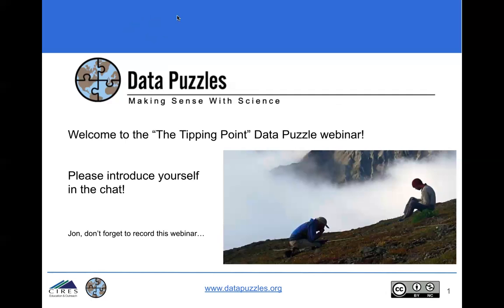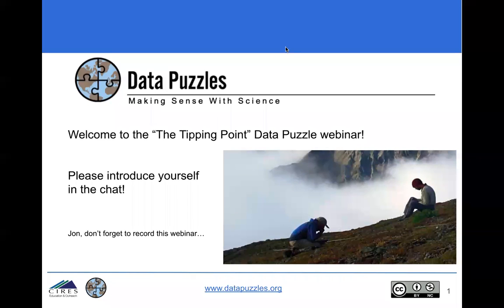So what I wanted to just start with is, what is a data puzzle? This is a framework that utilizes ambitious science teaching practices and authentic data sets to help students make sense of science phenomena. At its core, that's what this is.